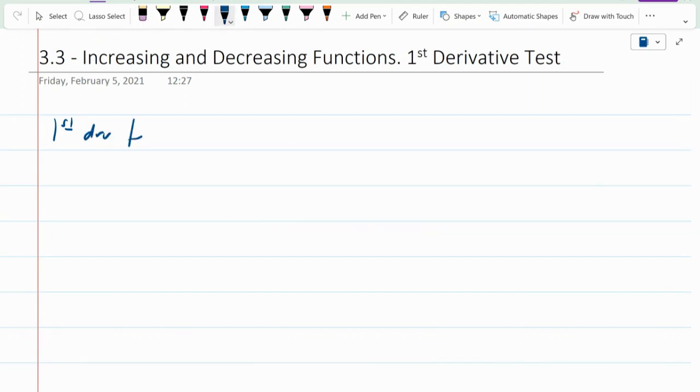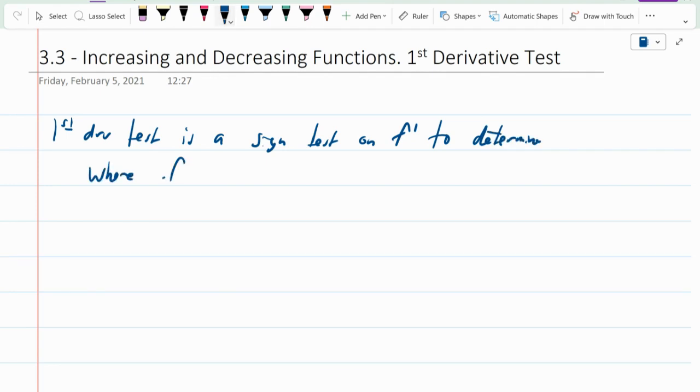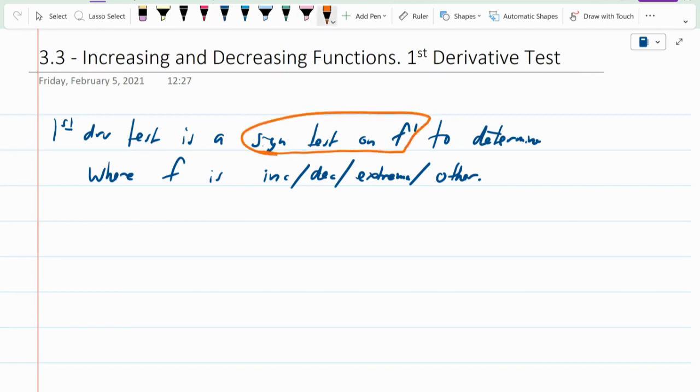First derivative test is a sign test on f prime to determine where f, the original function, is increasing, decreasing, where there might be an extrema, or where there might be some other thing going on. But the big thing to point out is it is a sign test on f prime.